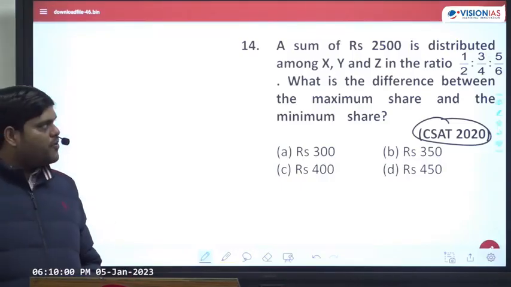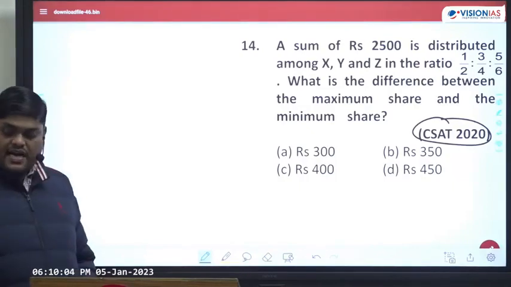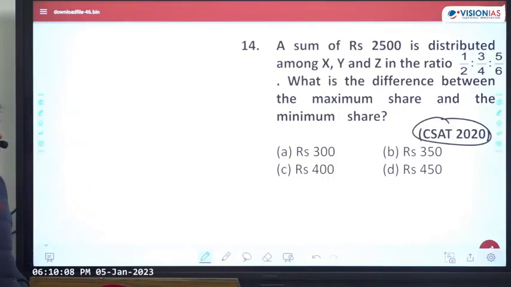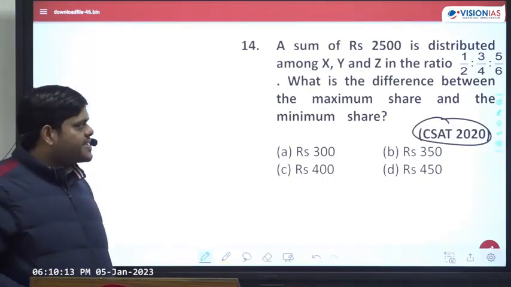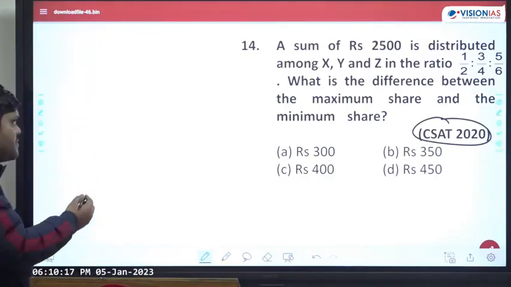A sum of rupees 2,500 is distributed among X, Y, Z in the ratio of 1/2, 3/4, 5/6. What is the difference between the maximum share and the minimum share? It's a very easy one.